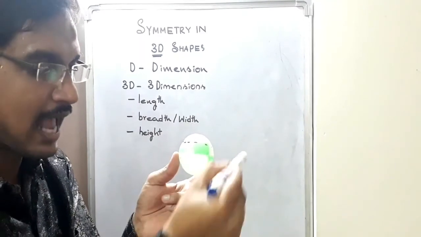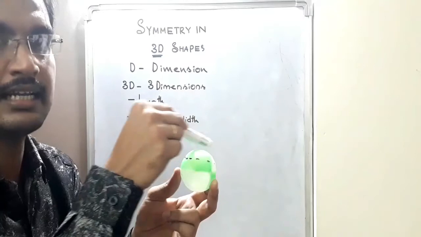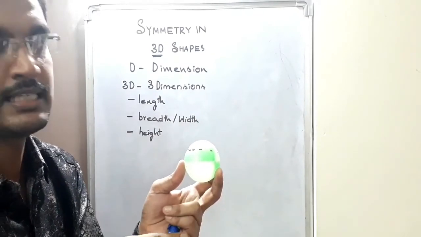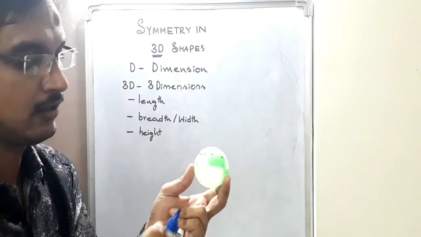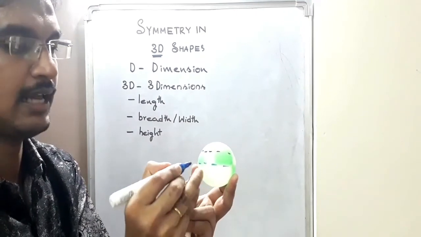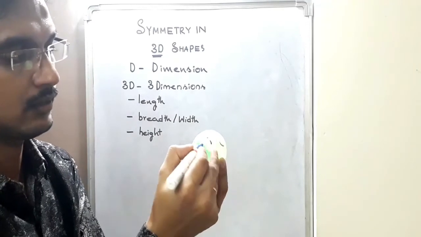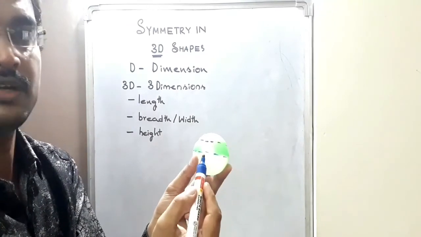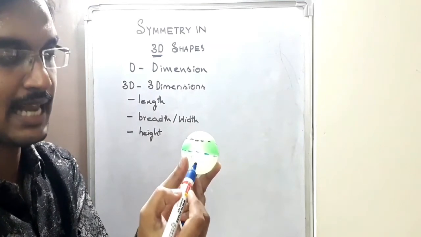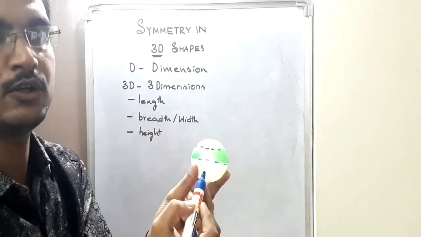As long as the axis is going to be exactly at the center, then only the figures are going to be symmetrical. So if I draw the axis of symmetry like this, observe this blue line, that is going to be the exact center for the upper part and the lower part.